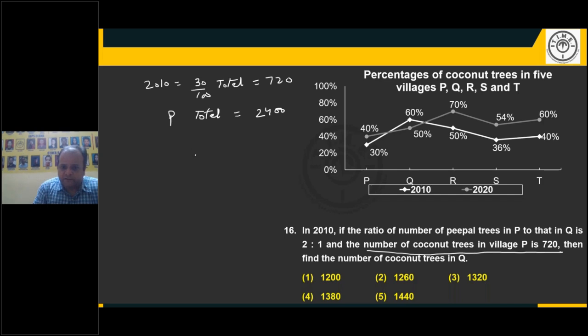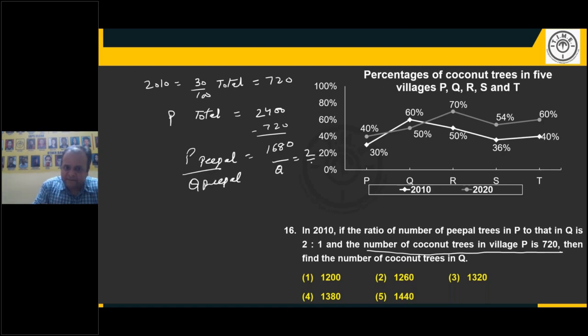Now for Q's total, we know the ratio of peepal trees in P to that in Q is 2:1. Now, 2400 minus 720, right? 2400 is P's total, and when we subtract this, we get 1680. So this is the peepal trees in P, coming out to be 1680, and with Q's peepal trees this ratio is 2:1.